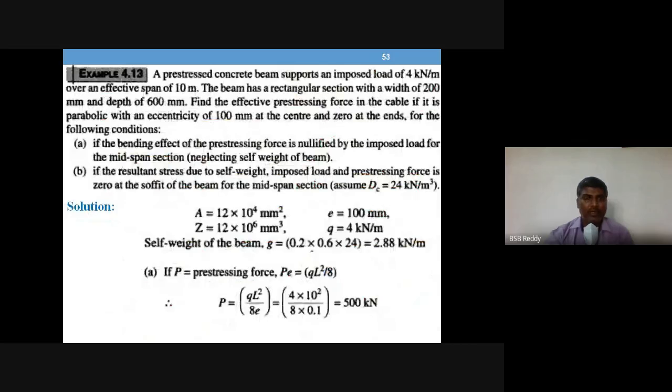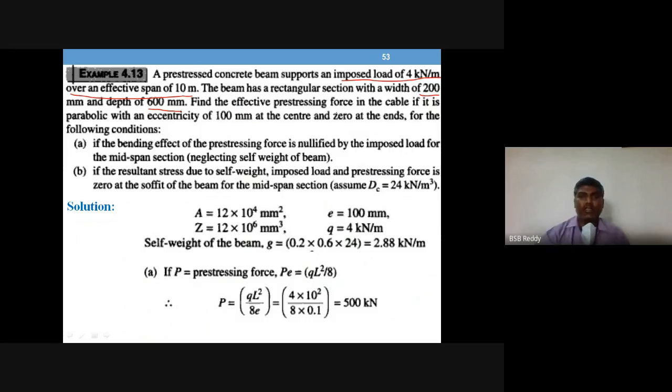Okay, right, proceed to the next one. So it is for the UDL case. A pre-stressed concrete beam supports an imposed load of 4 kilonewton per meter over the span of 10 meters. So Q value is given, live load value. The beam has a rectangular cross section, width 200 mm and depth 600 mm.